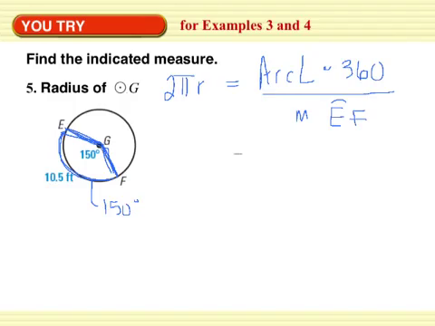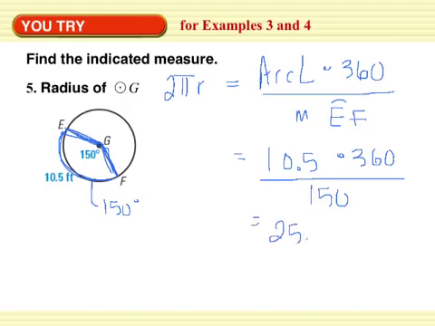So let's do this first. Arc length is 10.5 times 360 divided by 150. I get 25.2 equals 2 pi r.